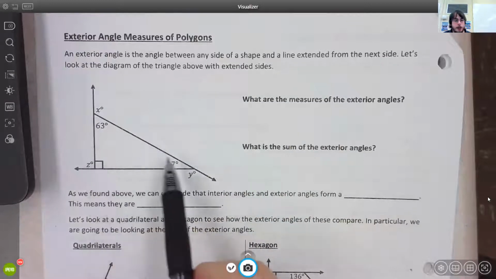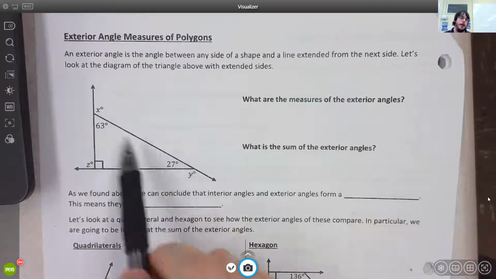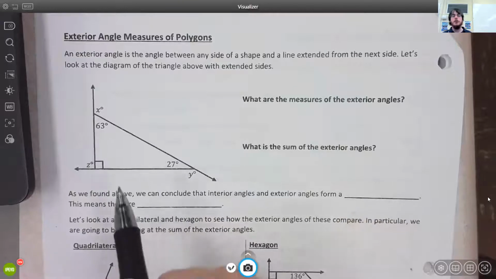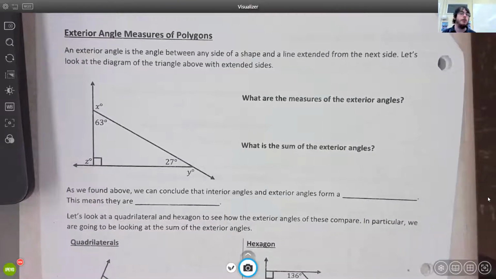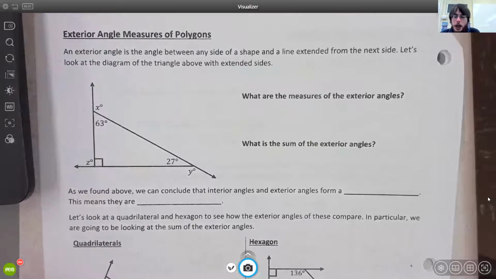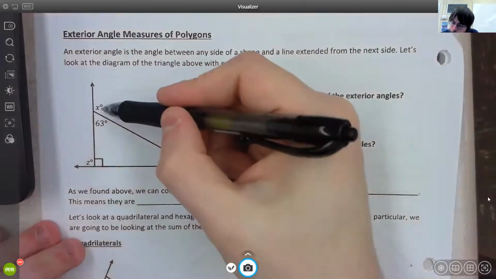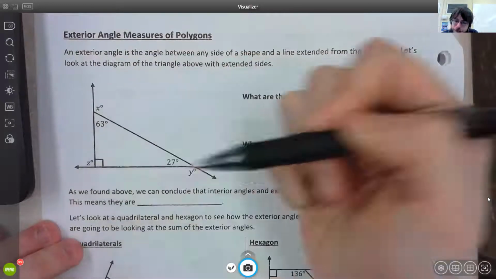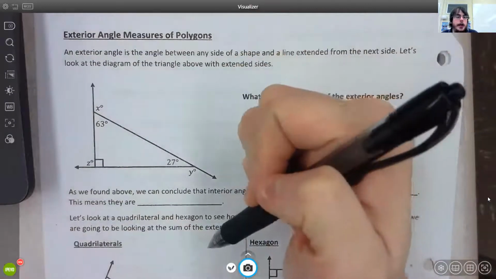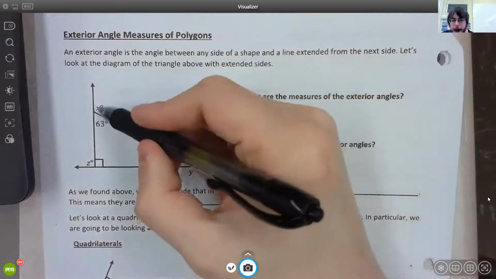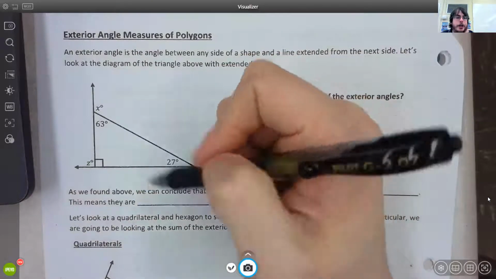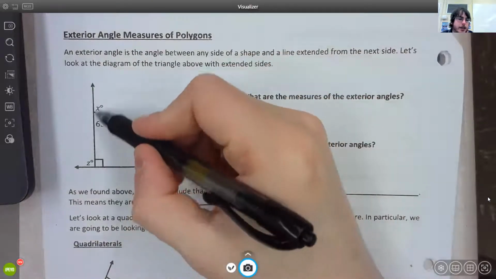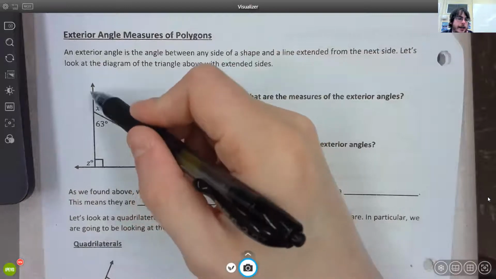So this is the same triangle we had, with the same interior angle measures. Now, we want to determine the measures of those 3 exterior angles. If we look here, we notice that they come in pairs with the interior angles. If we look at x and 63, we see that x and 63 both lie on this line.